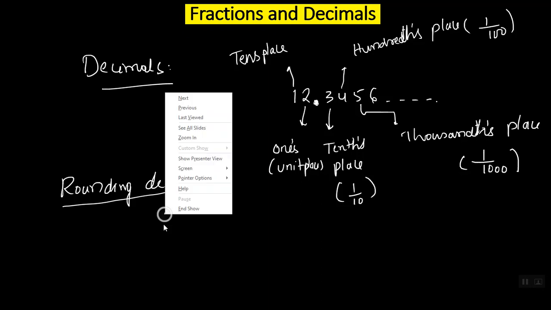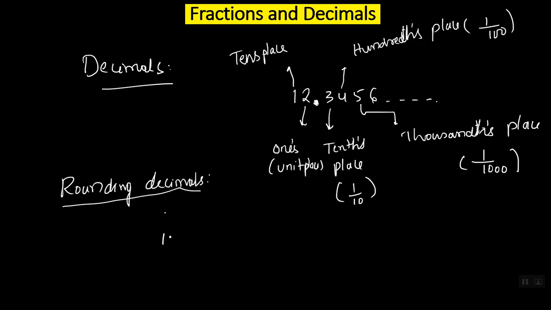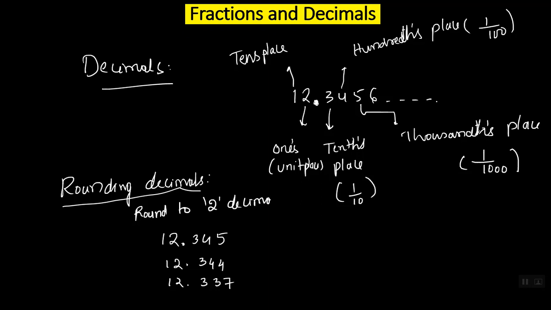If I have 12.345, 12.344, 12.337, and I say round it to two decimal places, rather than saying rounded to two decimal places, they may say rounded to the nearest hundredths.